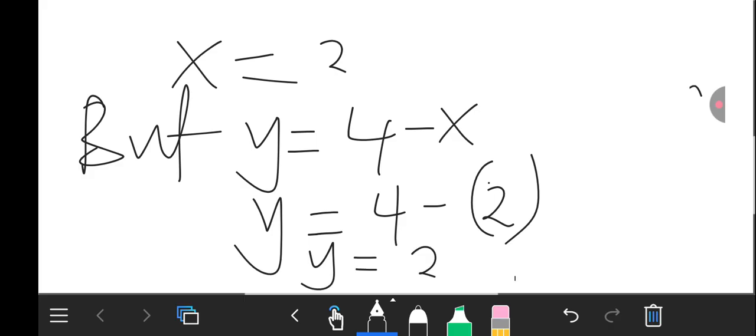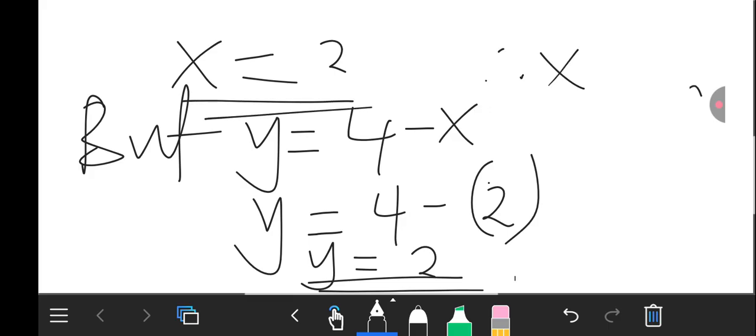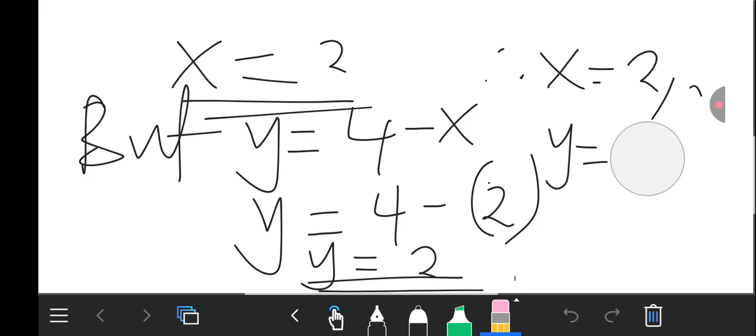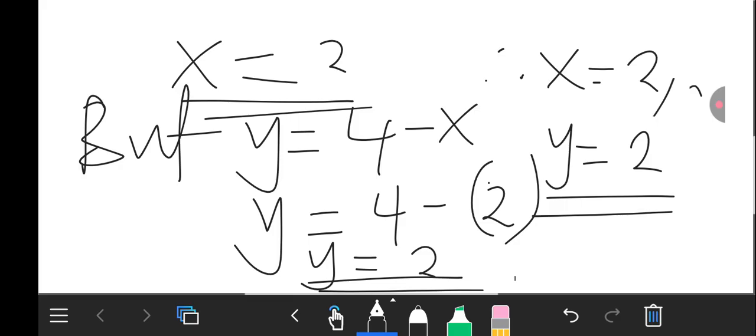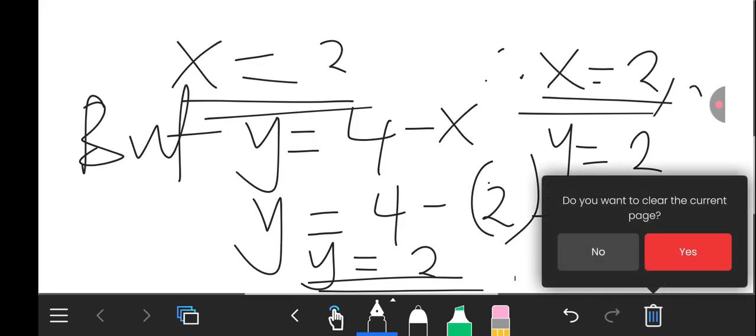That is just 2. Have you seen that we've used different methods and the answers are just the same? So you conclude that therefore x is equal to 2, comma, y is equal to 2. So that is how you conclude the answers. Basically this is all about elimination and substitution.